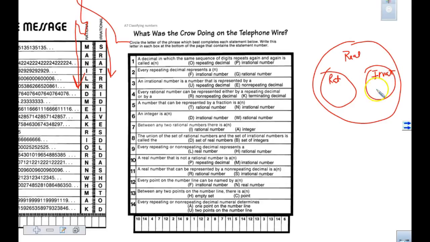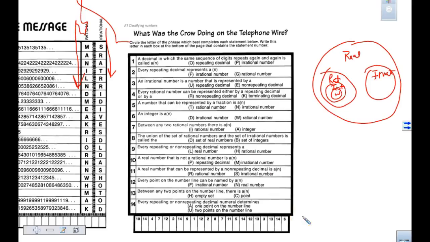Under the irrational, there's nothing else. Those are just my decimals that cannot be written as a repeating or terminating decimal. But under the rational, you still have integers, and you still have whole numbers. So when you're reading through all of this, that's what it was looking at, those notes from yesterday.